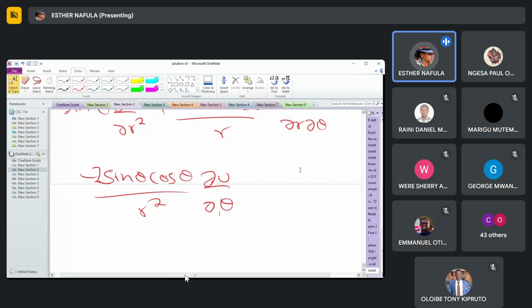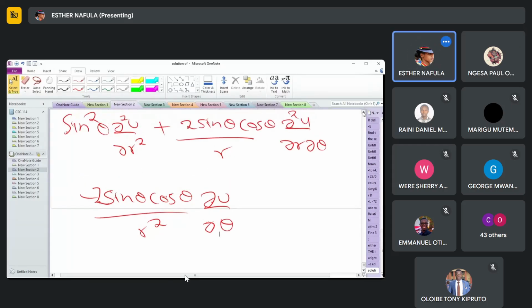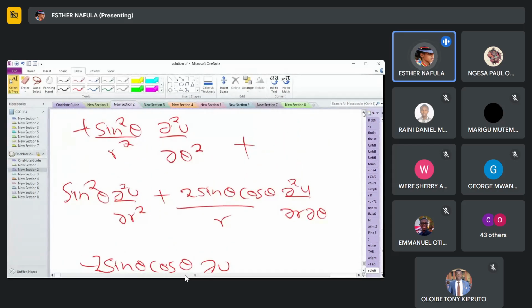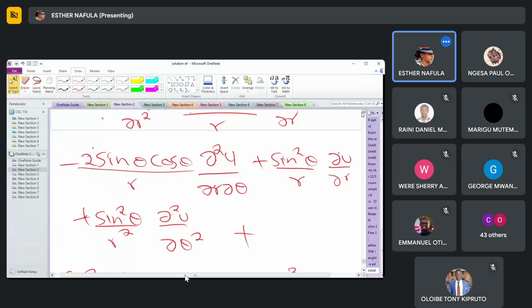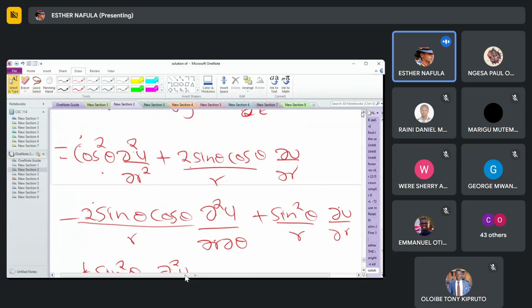Then it means we need to change something: this is supposed to be r squared.